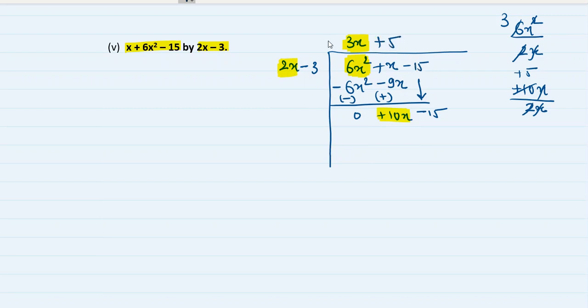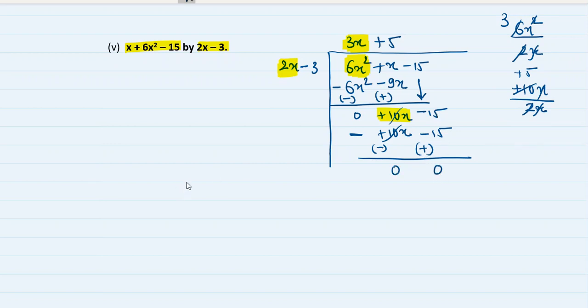So 5 has to be multiplied with both the terms of the divisor. 5 multiplied by 2x is plus 10x, 5 multiplied by minus 3 is minus 15. And then you draw a line over here, then you put a minus sign over here, and because there is a minus sign, the signs of the terms which are written after it will change. So you change the sign. So 10x minus 10x becomes 0, minus 15 plus 15 becomes 0.